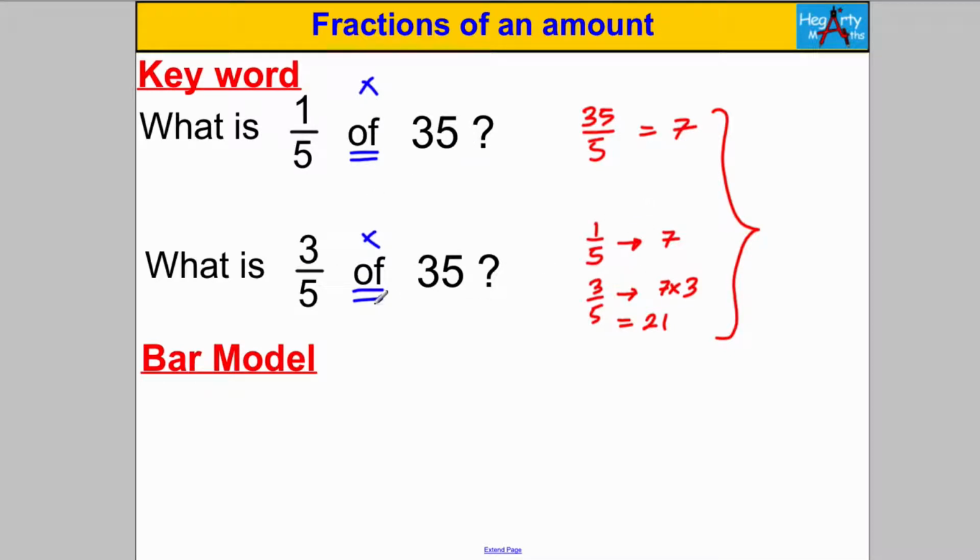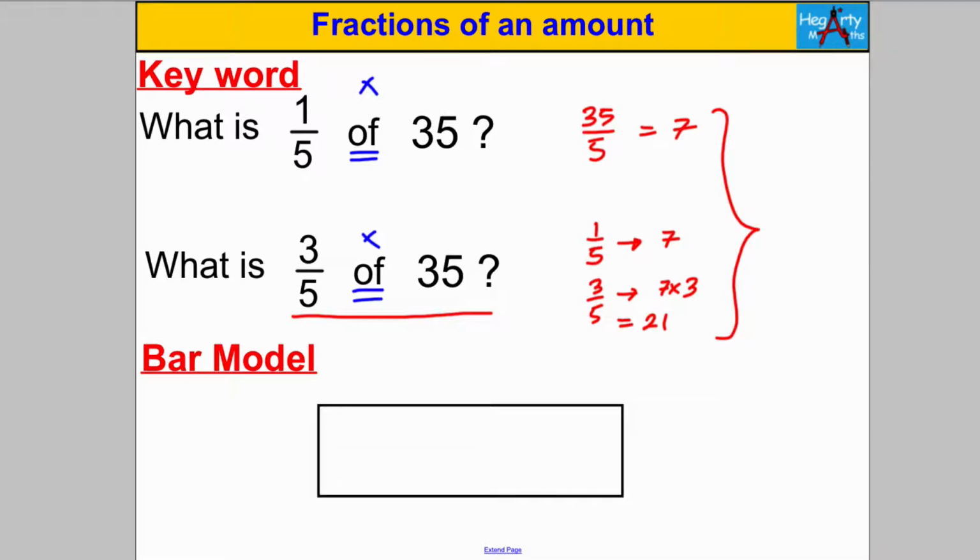I just want to show you that what I'm telling you definitely works by a picture that you won't be able to argue with. Say I'm trying to answer the question, what's 3/5 of 35? If I drew you a picture like this and divided it into fifths, so 1/5 there, 2/5 there, 3/5 there, 4/5 and 5/5, and I said the whole bar is worth the total amount of 35, and I wanted to ask you how much 3 of the bars are worth.